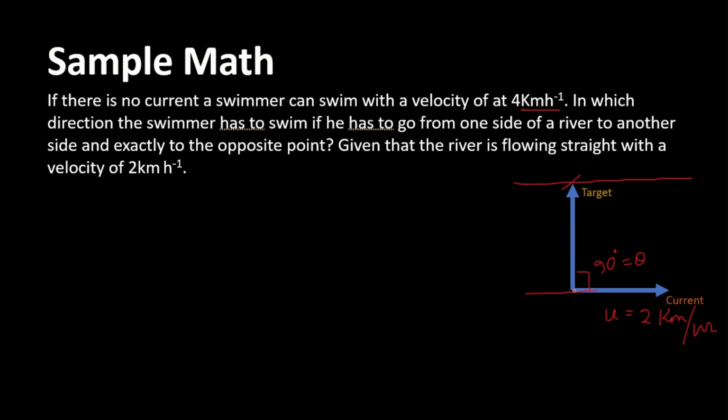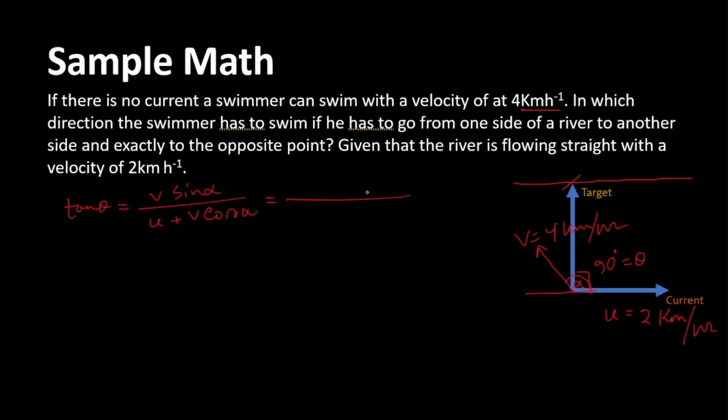Considering the swimmer has to swim at alpha degree, and the velocity of boat is 4 km per hour. We know tan theta equals to V sin alpha by U plus V cos alpha.